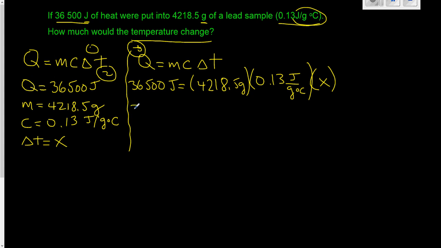Nothing here to solve on this side of our equal sign, so we will look over here. We're going to multiply 4,218.5 times 0.13.